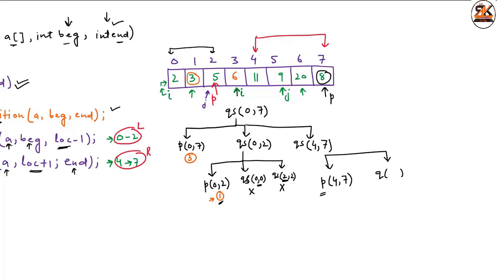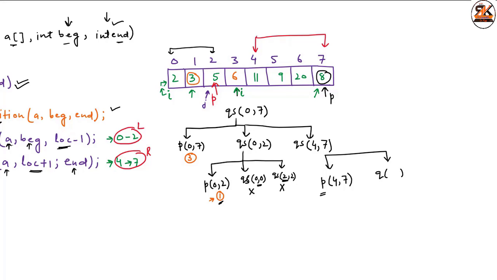Now j is pointing to this element. Again we do a comparison, and we find that j is pointing to 20 and 20 is greater than 8. So nothing will happen and j will be incremented, and now j will point to the same element, that is the pivot element. Here the loop will end, and what we do next is we exchange the contents at location i plus 1 with the pivot element.